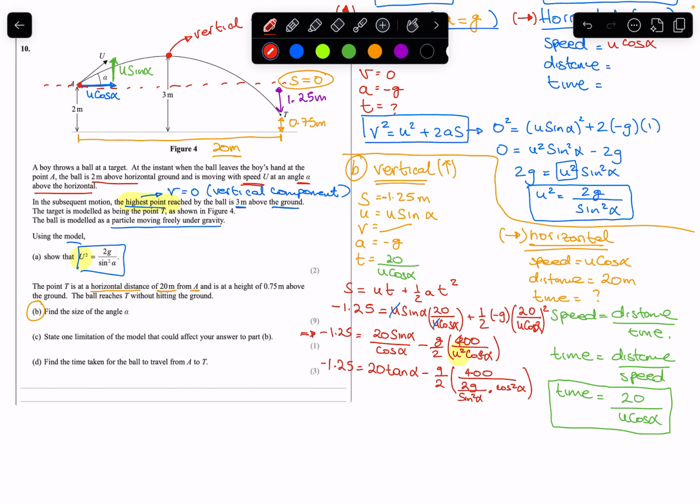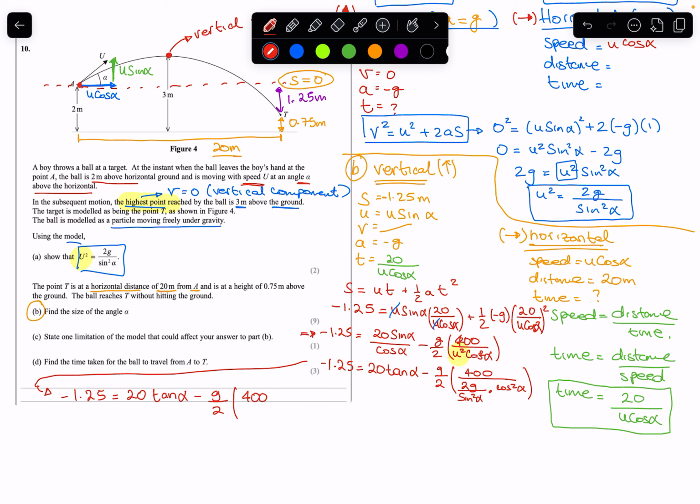So that simplifies down to, let's go to this side here, and that becomes minus 1.25 is equivalent to 20 tan alpha minus g over 2, and that becomes 400, which we could actually simplify a little bit beforehand, but let's keep it like this for now, just so that we don't get confused.